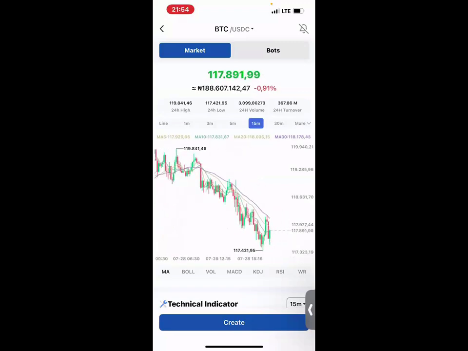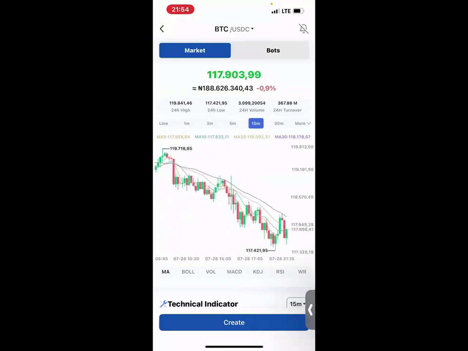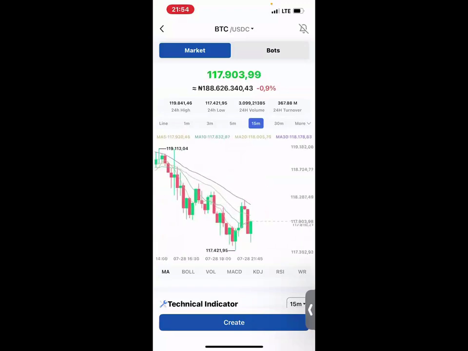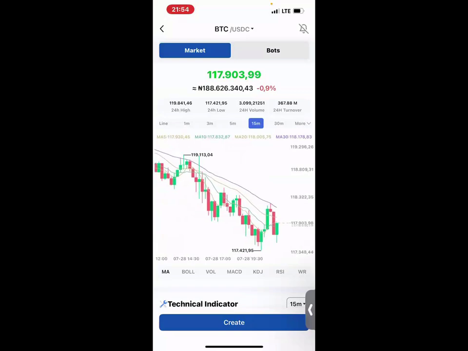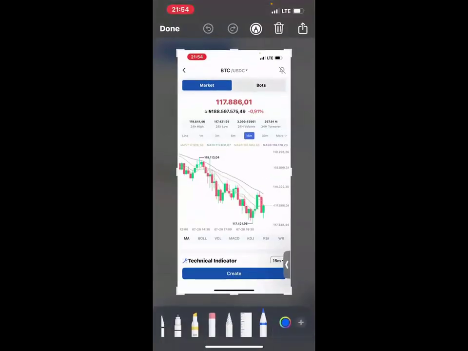So the MA5 here. If I zoom in very well on this screen, you can see that I took a screenshot, and I'm circling this moving average, which is MA5, and we have the price here.